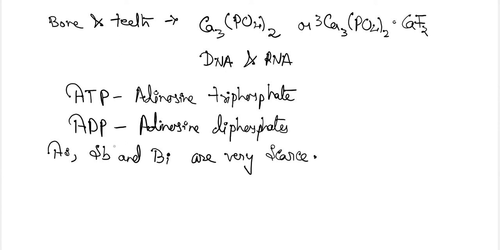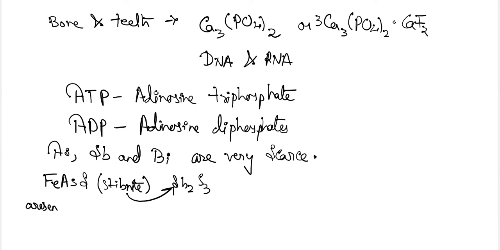For arsenic, the sulfide ore is FeAsS, which is arsenopyrite. For antimony it is Sb2S3, which is stibnite.